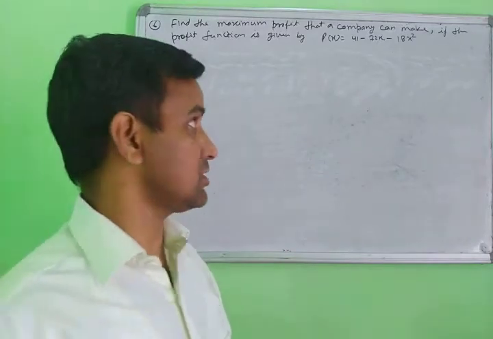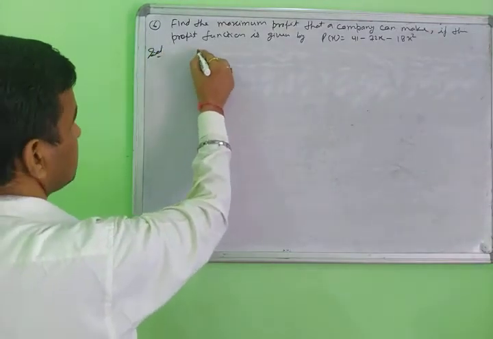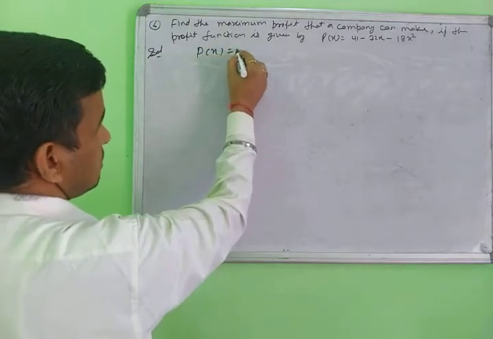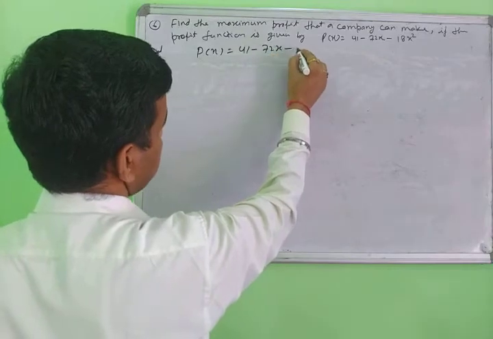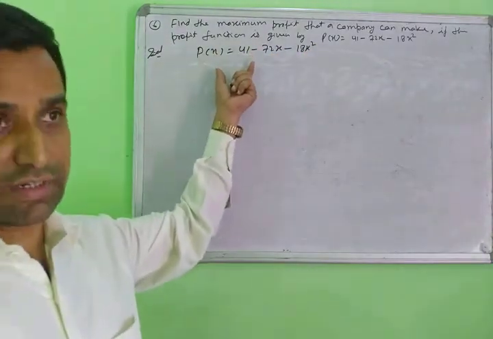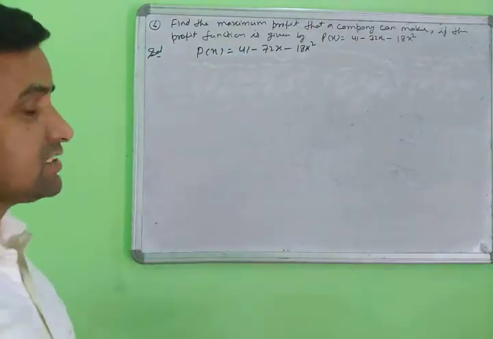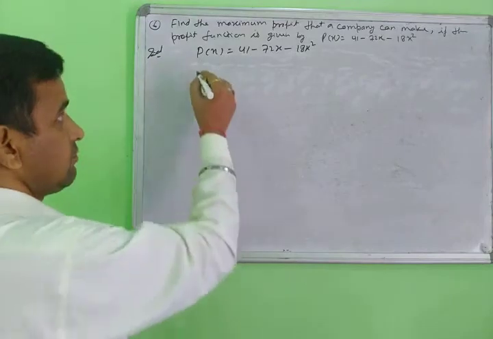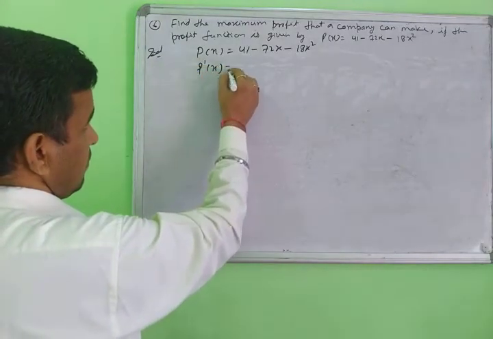Now start the solution here. First taking your function f x equal 41 minus 72x minus 18x square. This is your profit function. Now we'll check whether this profit function gives maximum profit or not. Same method, first differentiate: P dash x. What will be here?